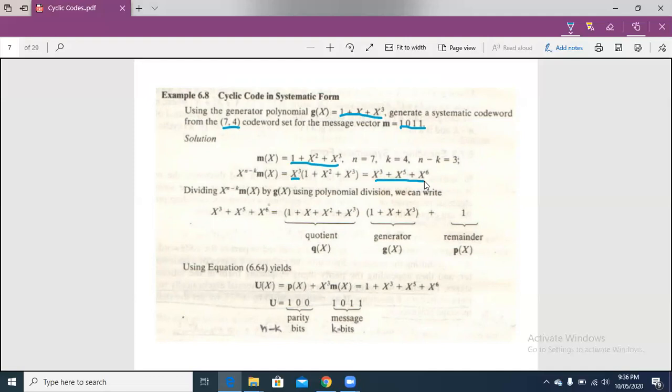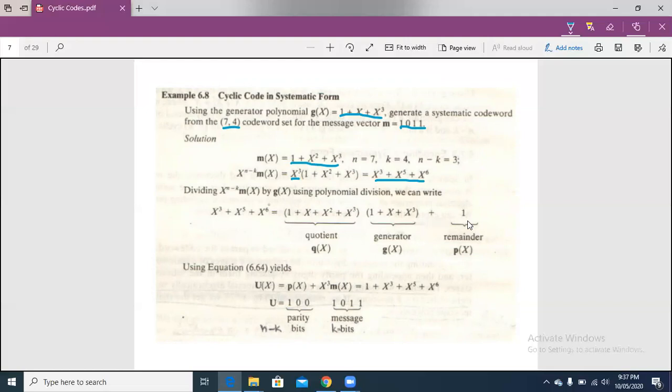Now we divide this by the generator polynomial, and that generator polynomial is given by 1 plus x3. So in fact we have the quotient, we have the generator polynomial, and we will get the remainder 1.